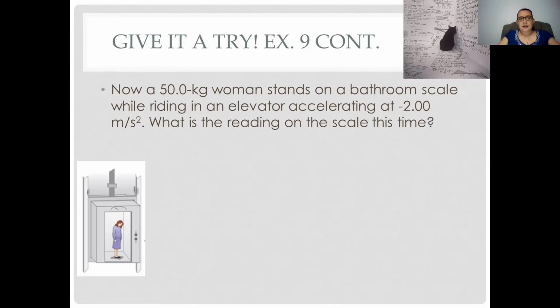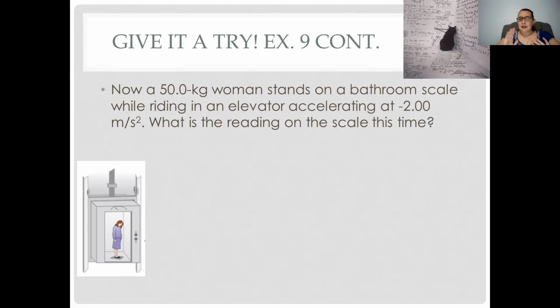Now, on the flip side, I want you to give this one a try yourself really quickly. Now the elevator is accelerating at negative 2 meters per second squared. So how will that affect the reading on the scale? Again, you should know from your own experience whether this answer is going to be bigger or smaller than the previous answer.